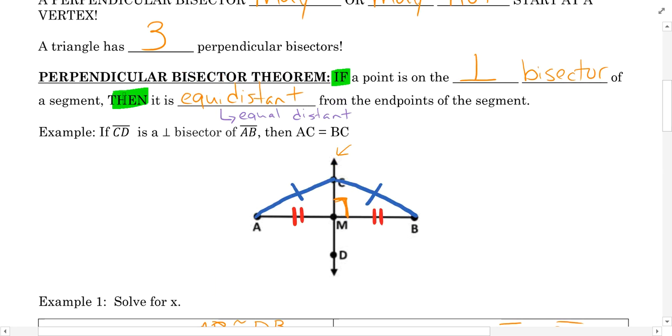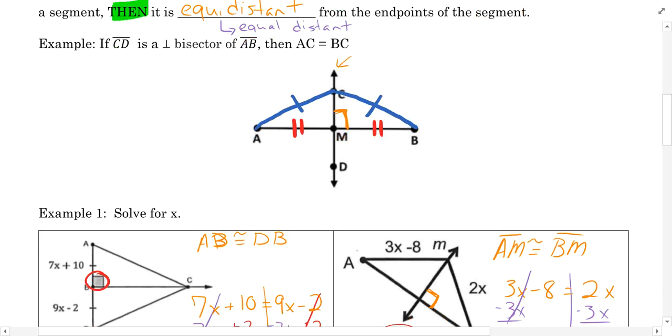So the perpendicular bisector theorem says if a point is on the perpendicular bisector of a segment, then it is equidistant from the endpoints of the segment. The converse usually takes those two statements and flips them. It reverses them.